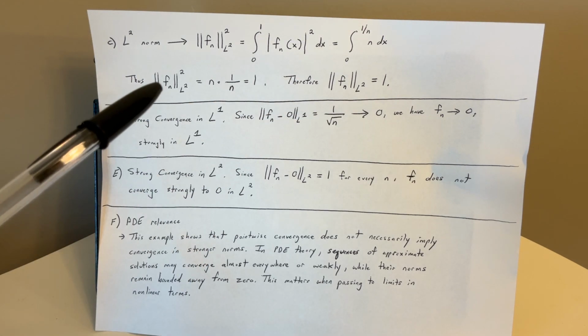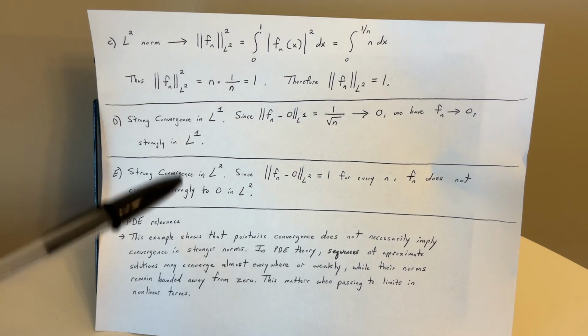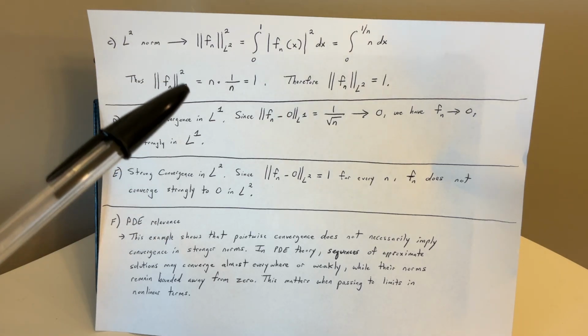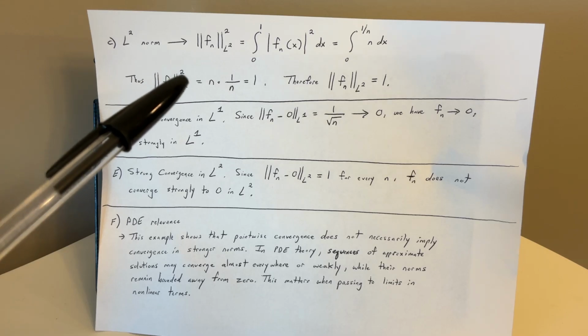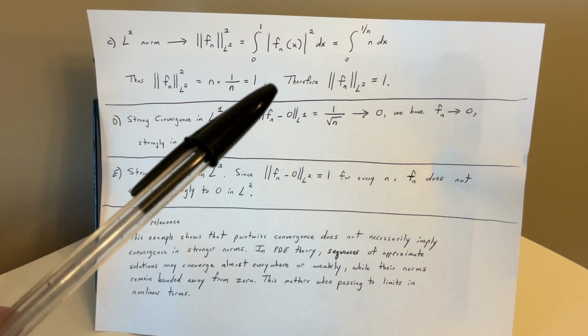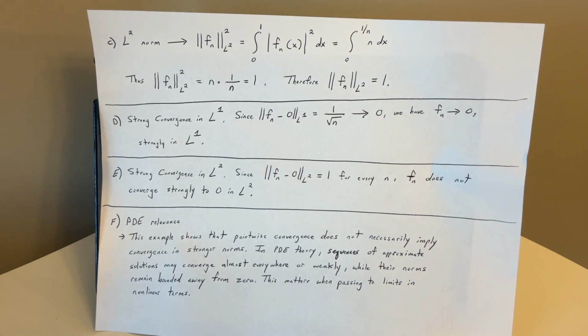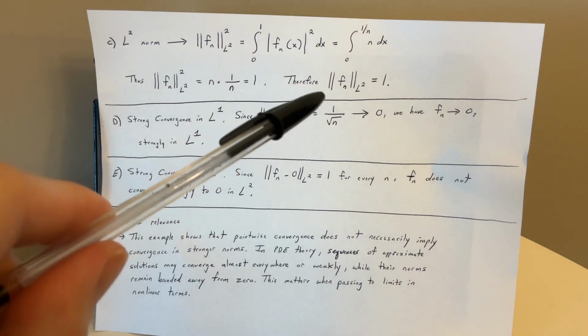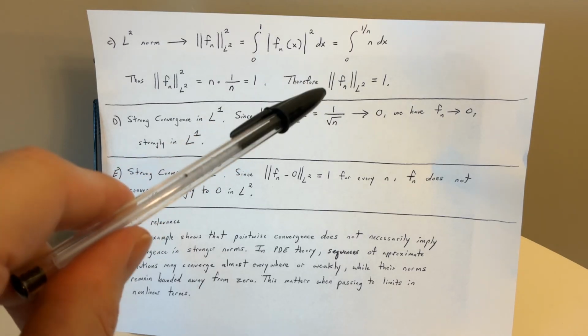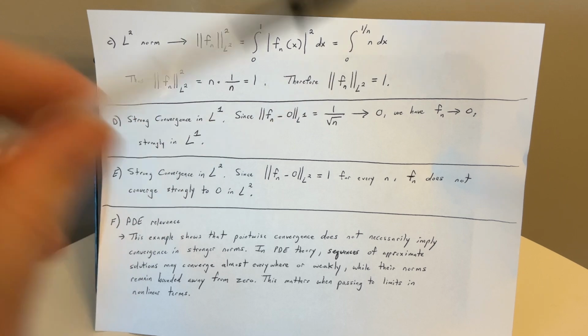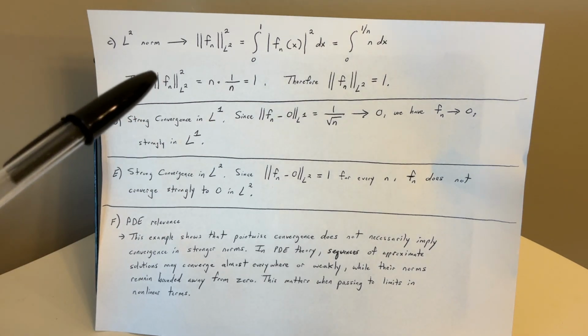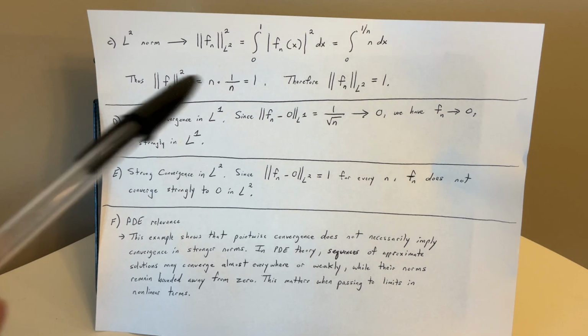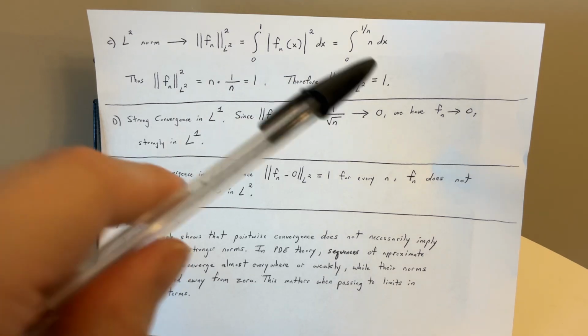Thus the L2 norm squared of f sub n equals n times 1 over n equals 1. Therefore the L2 norm of f sub n equals 1.